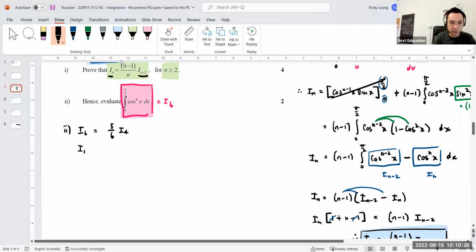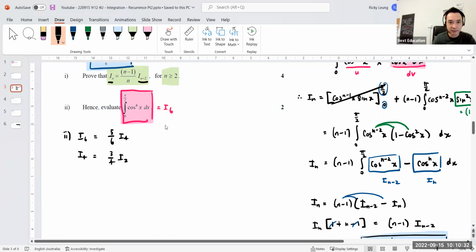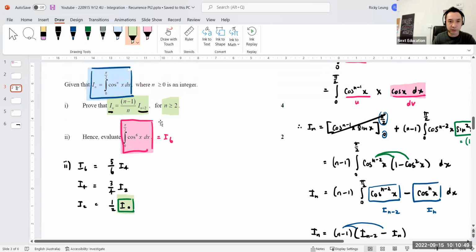And then I4 equals 3 on 4 I2. And it says I can sub in 2 for the final number, I2 equals 1 over 2 I0, and then 0 breaks the loop.